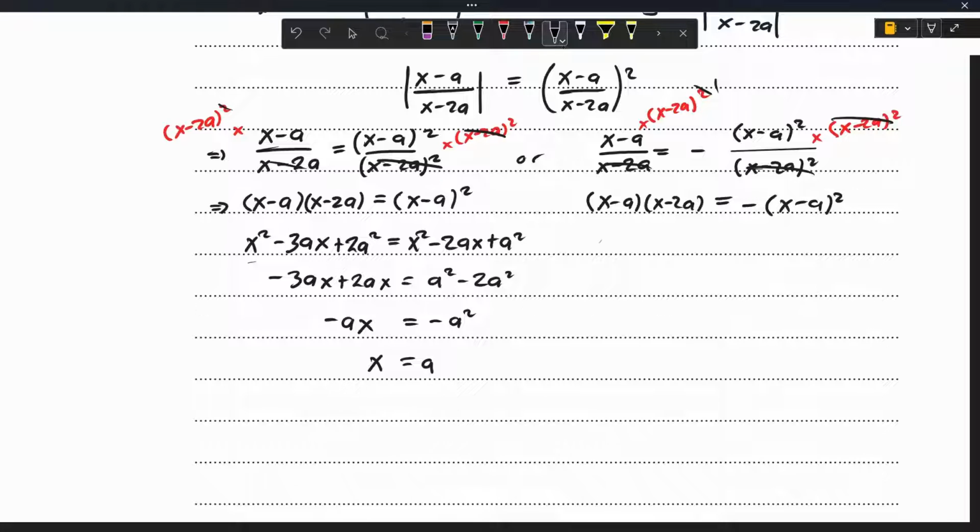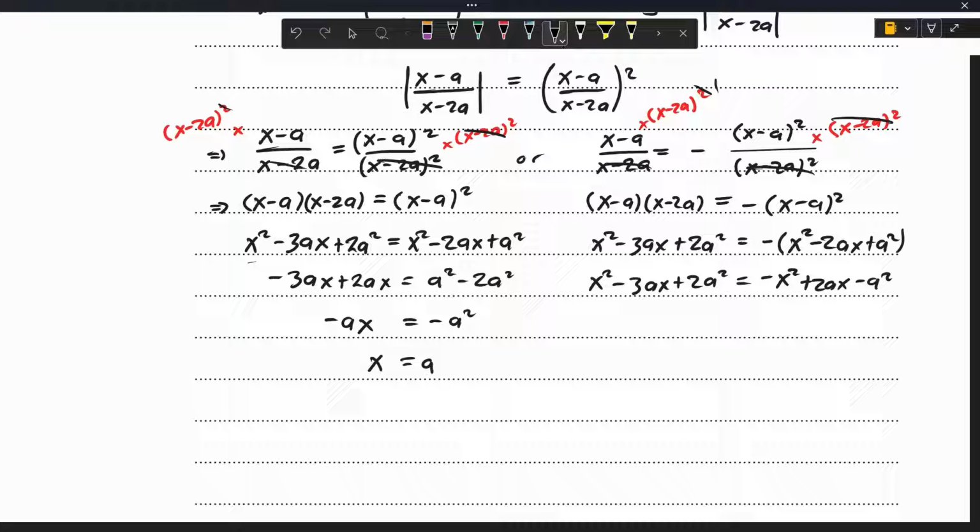So expanding the left side, we get x squared minus 3ax plus 2a squared being equal to minus of (x squared minus 2ax plus a squared). So that's x squared minus 3ax plus 2a squared is equal to minus x squared plus 2ax minus a squared.